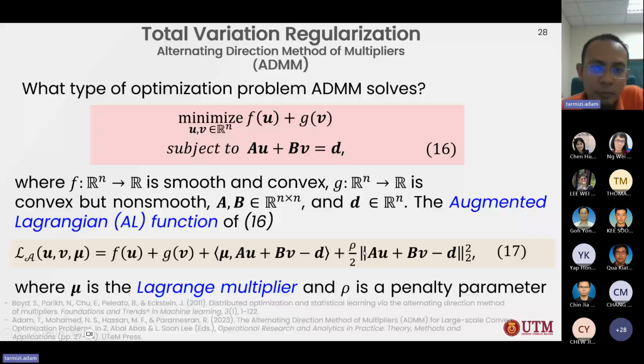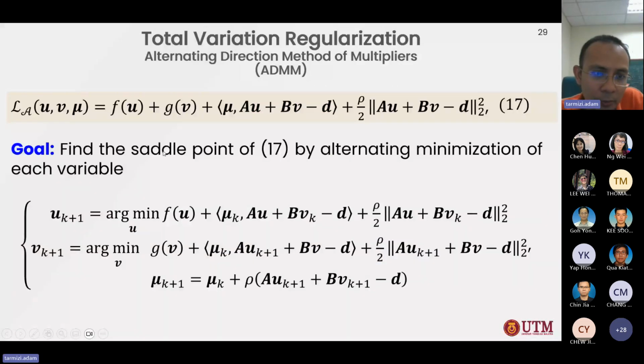After that, the objective is to find the saddle point of this augmented Lagrangian function, and then we alternately minimize over the variables separately: the U subproblem, the V subproblem, and updating the Lagrange multipliers over here.